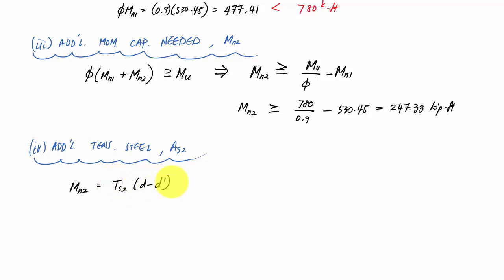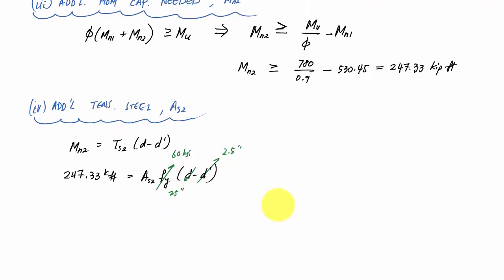The strain profile hasn't changed, so 247.33 kip feet is equal to AS2 Fy times d minus d prime. The only thing we don't know here is AS2, because Fy is 60 ksi, d is 25 inches, and d prime we said is 2.5 inches.